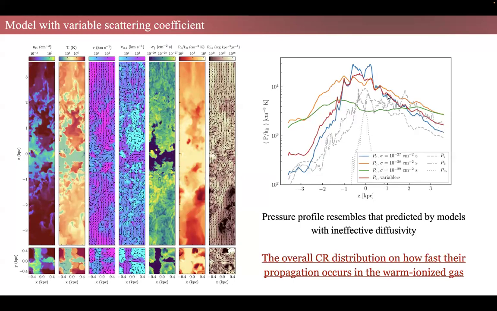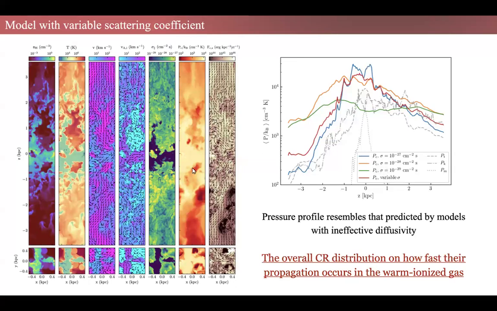And you can see that this profile is very similar to the profile predicted by the model with a high value of the scattering coefficient. While near the midplane, the cosmic ray pressure is comparable to that predicted by the model with an intermediate value of the scattering coefficient, and it is much higher than the cosmic ray pressure predicted by the model with a low value of the scattering coefficient.